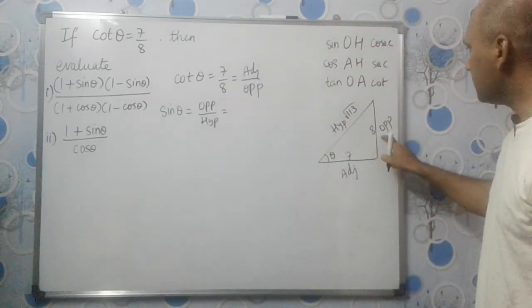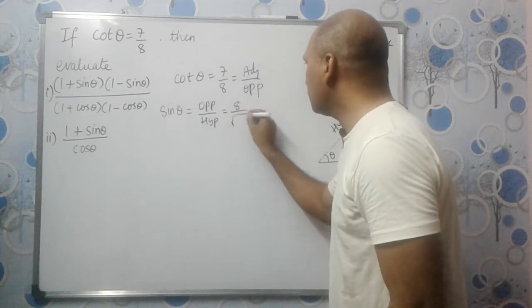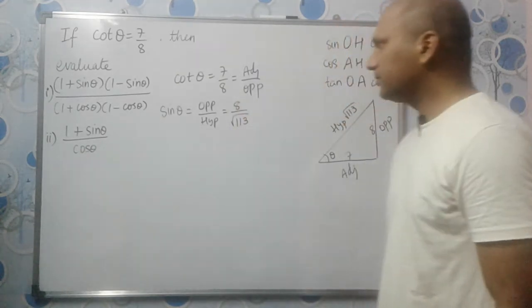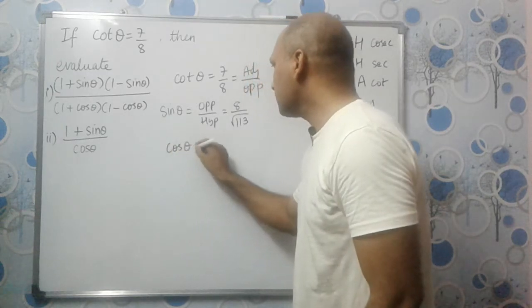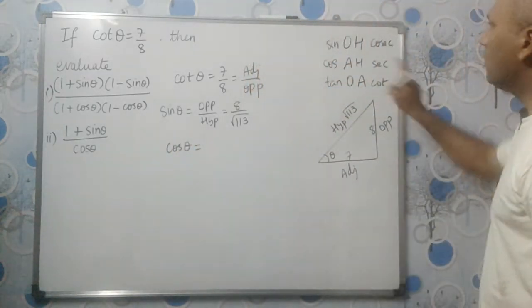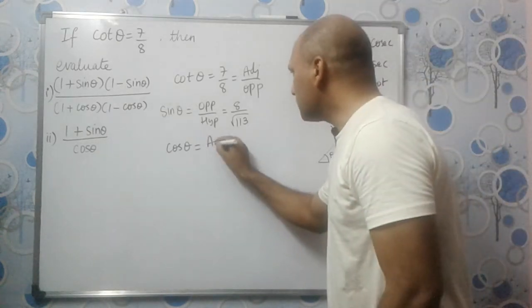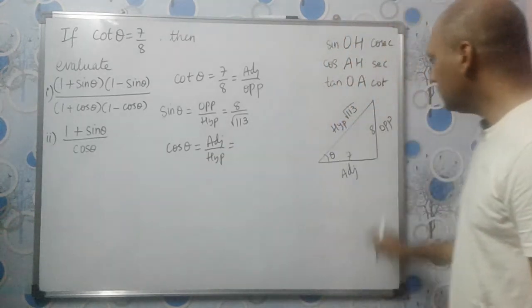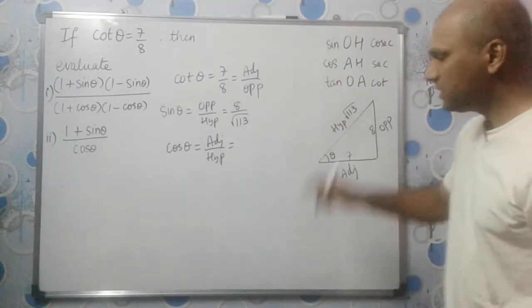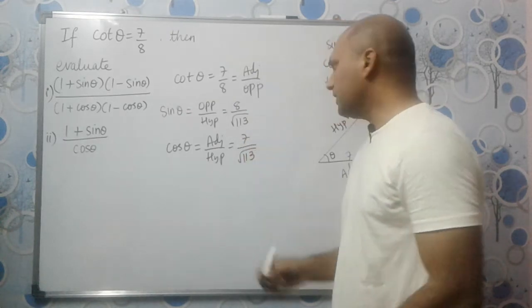Opposite is 8, hypotenuse is root 113, so sine theta is 8 by root 113. Now let us find cos. Cos theta is adjacent divided by hypotenuse. Adjacent is 7, hypotenuse is root 113, so this is 7 by root 113.